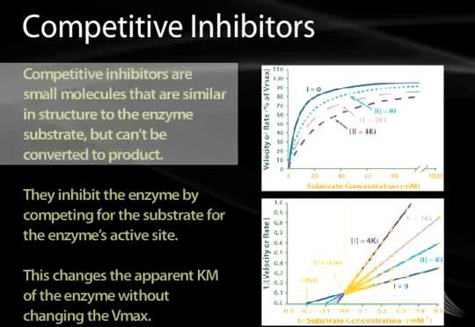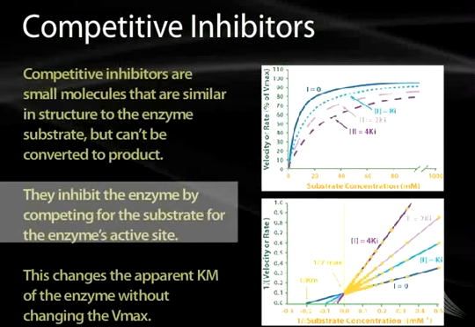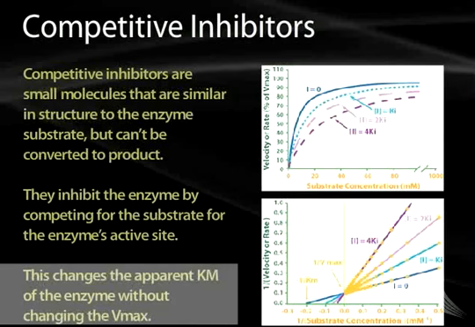Competitive inhibitors are small molecules that are similar in structure to the enzyme substrate, but they can't be converted to the product. And so they're able to sit in the active site of the enzyme and block access of the substrate to the enzyme, and that blocks the conversion of substrate to product. Now what happens when you do this is you change the apparent Km of the enzyme without changing the Vmax.